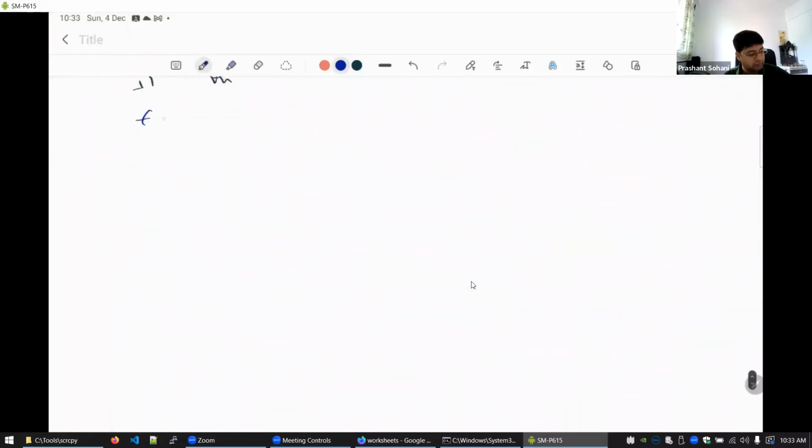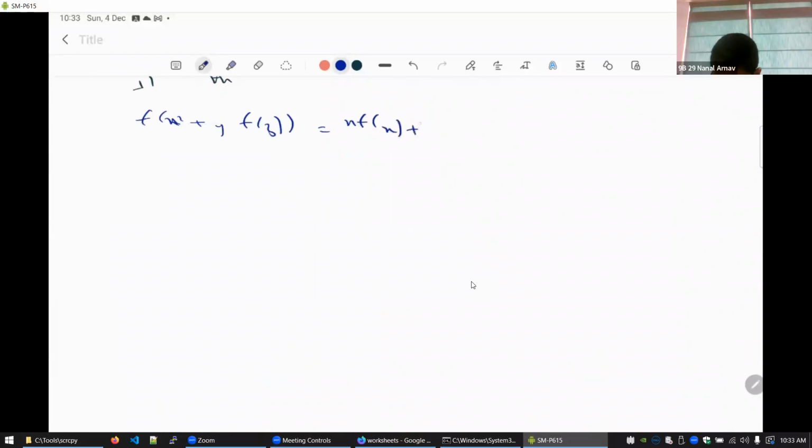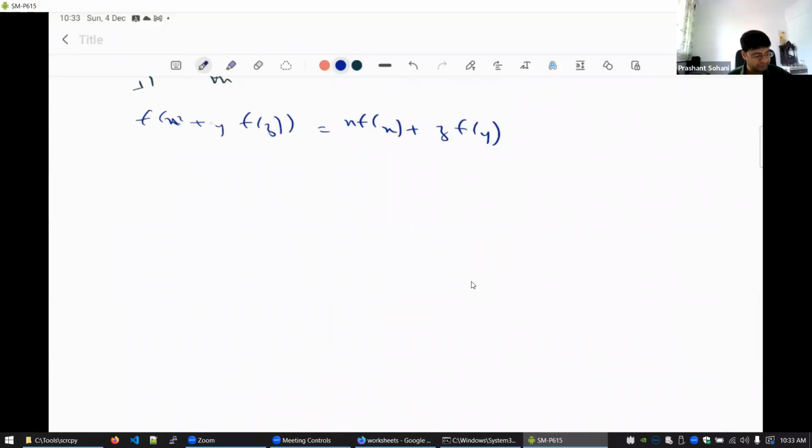So f of x square plus y f of z. Sir, I got that f of x square is equal to x times f of x, and so f of 0 is equal to 0. Yes, correct. And I also got one more thing, that f of (x square plus f of x square) is equal to 2x times f of x.